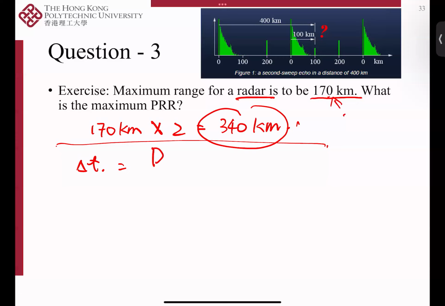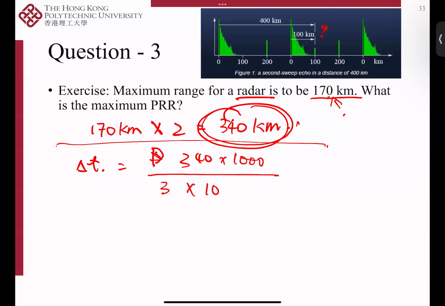We want to calculate how much time the signal needs to travel. Because the distance is in kilometers, we have 1000 here, divided by 3 multiplied by 10 to the order of 8, the speed of light. After that, we know the time our signal needs to travel.